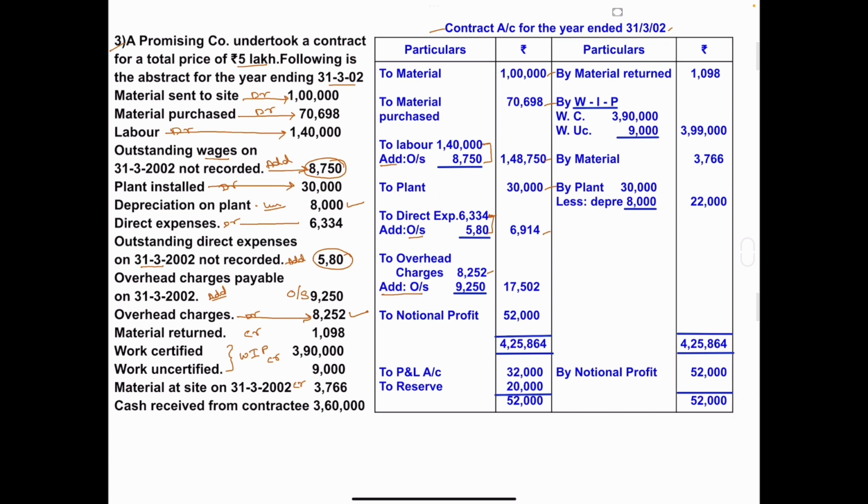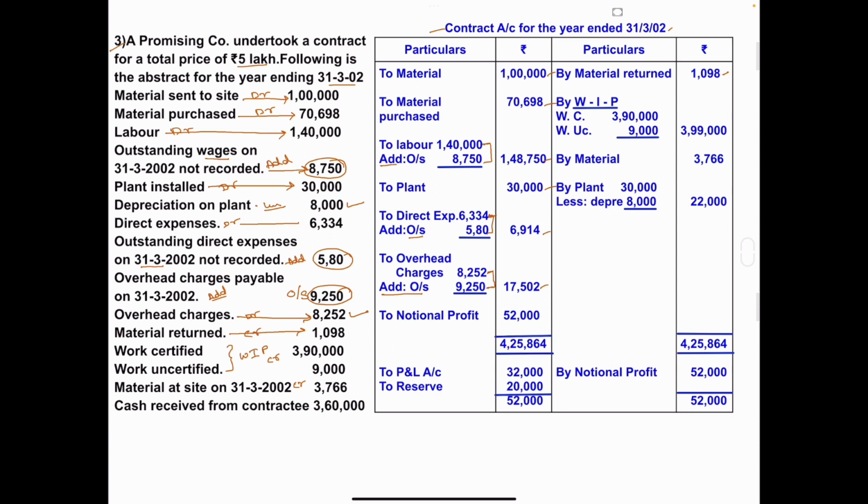Add outstanding amount 9,250 and total of these two, 8,252 plus 9,250, you will get 17,502. Next, material returned, it is to be credited. By material returned 1,098.